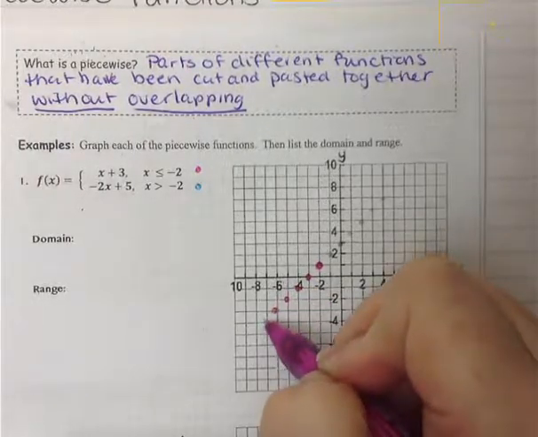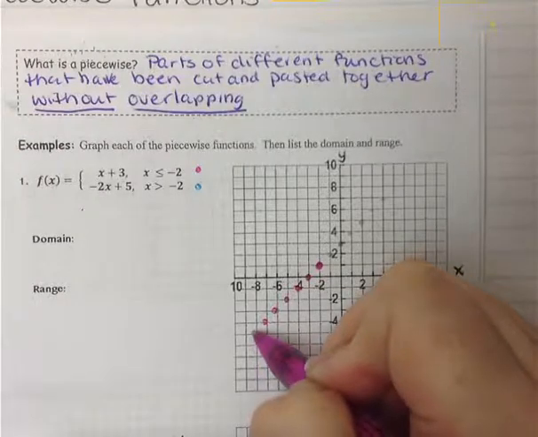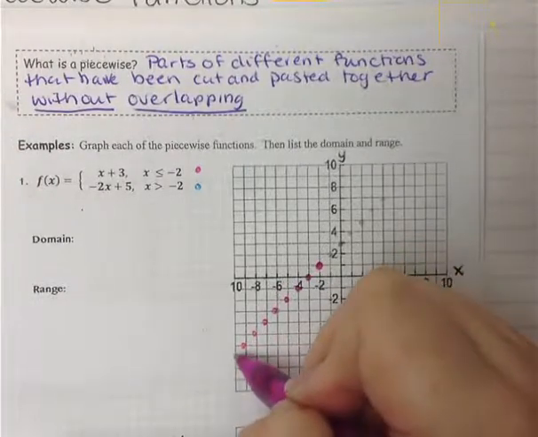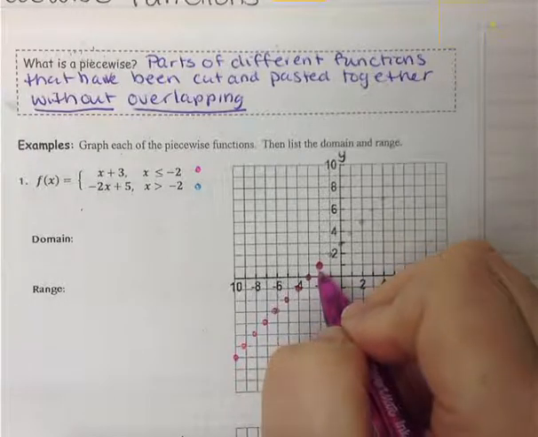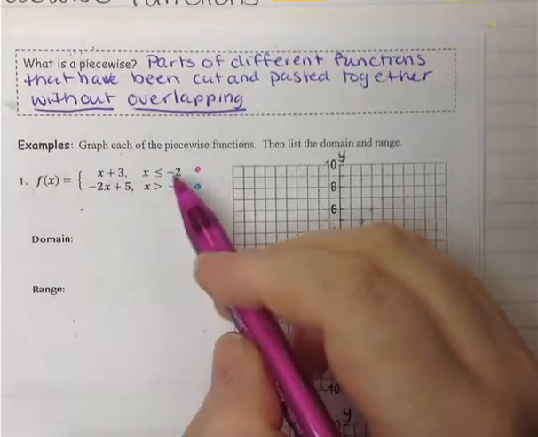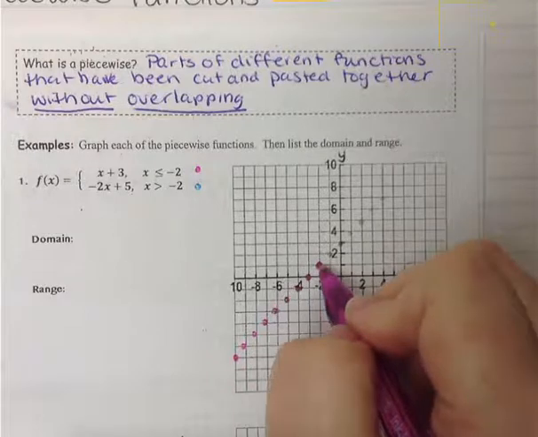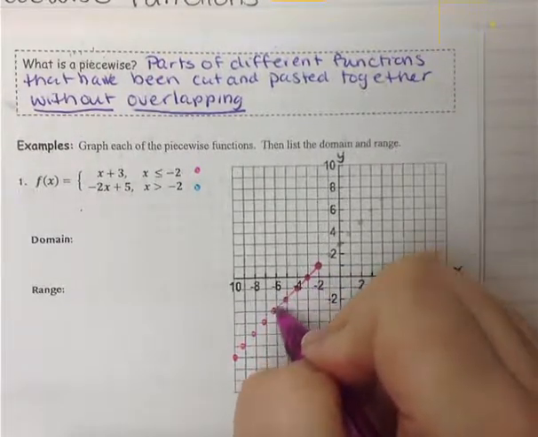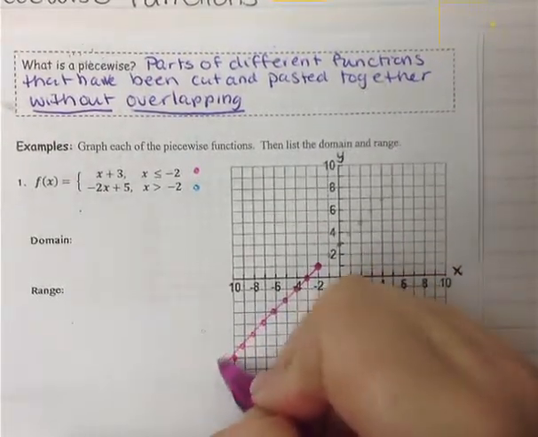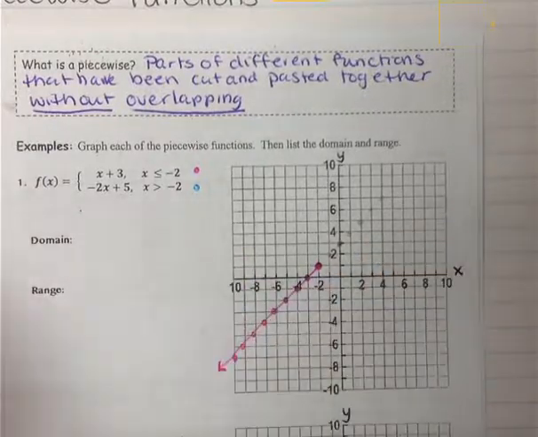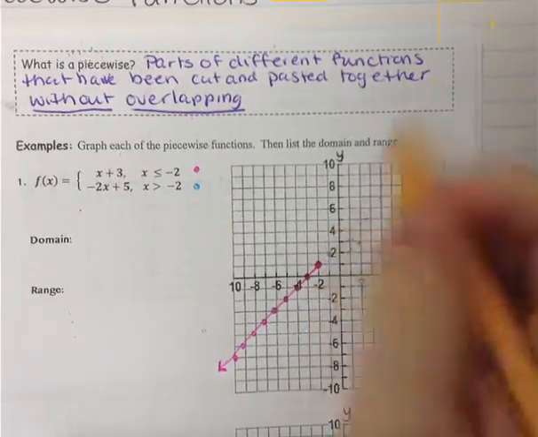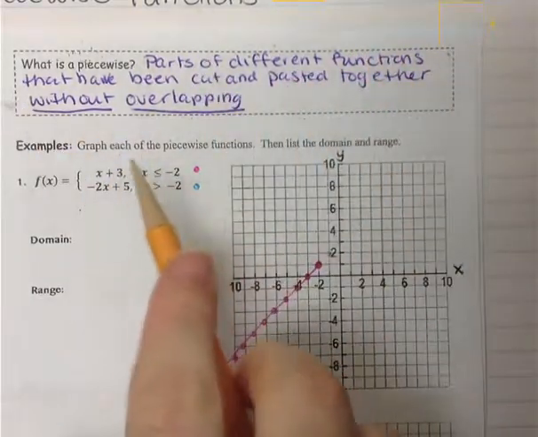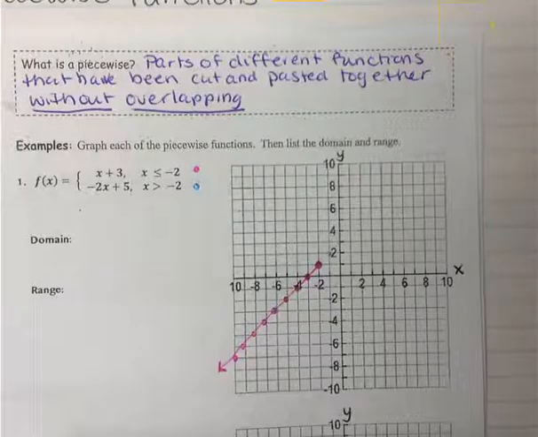I want all of the numbers that are less than or equal to -2. So I can graph this. It starts at the x value of -2, because I can include it. Then I connect all of these coordinates, because that's what the restriction says I can do. Because I didn't need these, I'm going to erase these dots, since they were from the part of the graph that I'm not allowed to have.